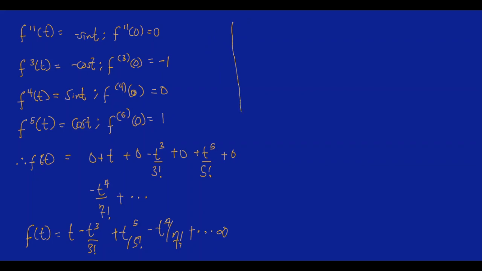So since we need the expansion for sine e raised to the power of x, we can substitute e raised to the power x for t to obtain our expansion.